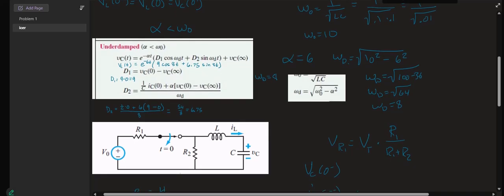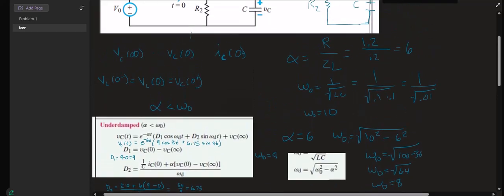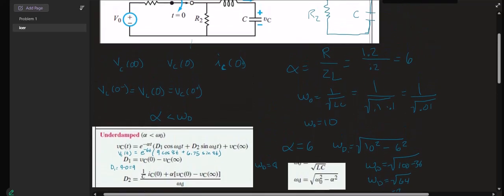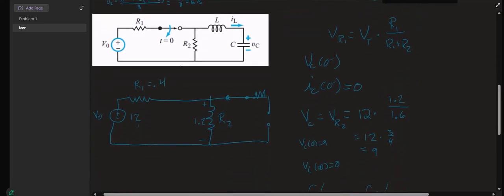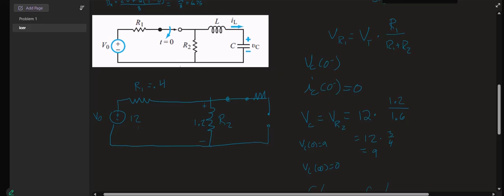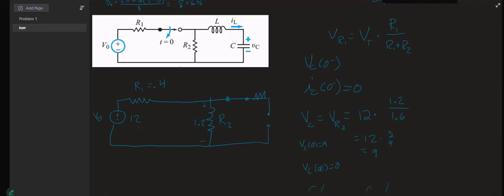So you were saying the voltage across the capacitor is the same at 0 minus and 0 plus. After you get past 0, it certainly changes. I got how at 0 minus and 0 it's the same, because once you flip the switch, the voltage that was stored there becomes the voltage source.